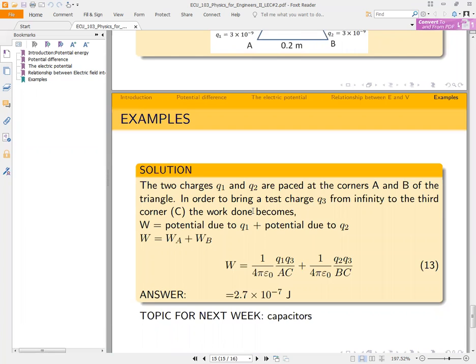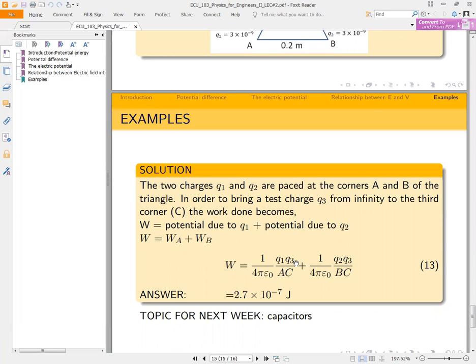But if it was force or electric field intensity, you would make sure you get the resultant through the vector method. So you get the work done between A and C, the work done between B and C, and you add them.